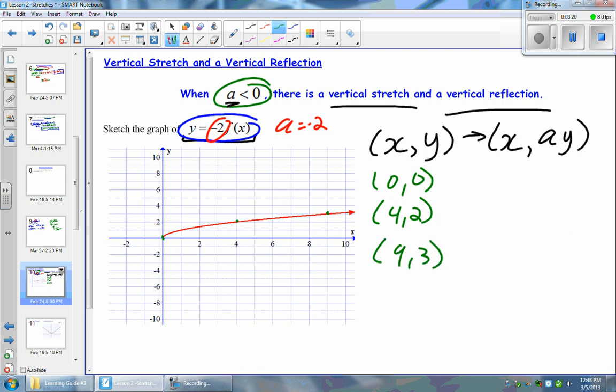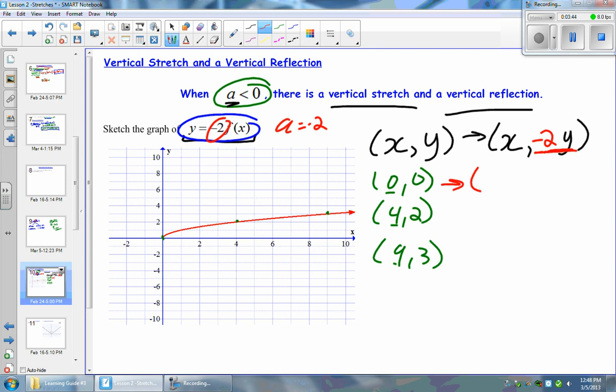So what happens to these coordinates when you apply your stretch and your reflection? Well, remember, all your x values are going to stay the same, but all your y values are going to be multiplied by that a value. And we already found out that my a value is equal to negative 2. So remember, all your x coordinates are going to stay the same.